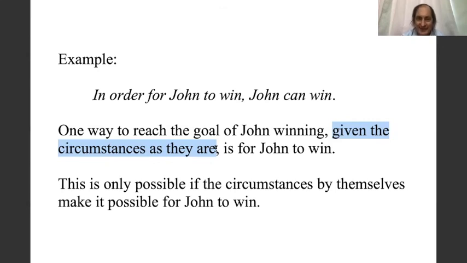John's abilities happen to be relevant to whether he can win. If John has the ability to win, then he can win. And if he doesn't have the ability to win, he can't. That is a very relevant ability. Since it's relevant to his winning, his ability has to be kept constant in all of the worlds that we look at.